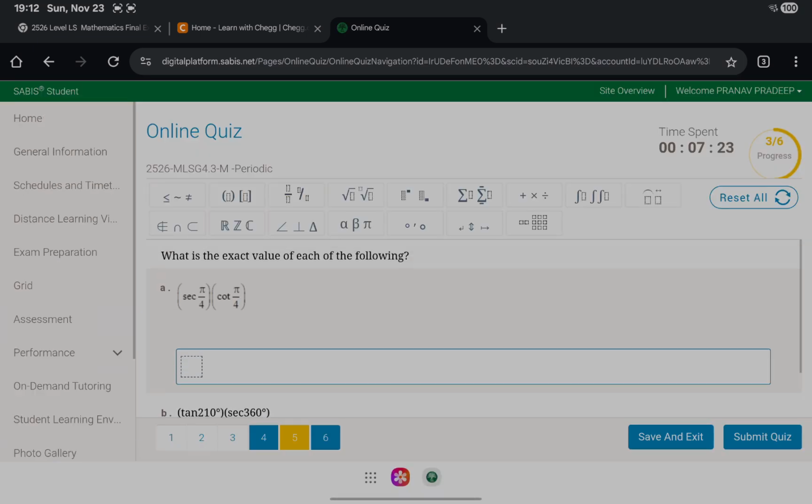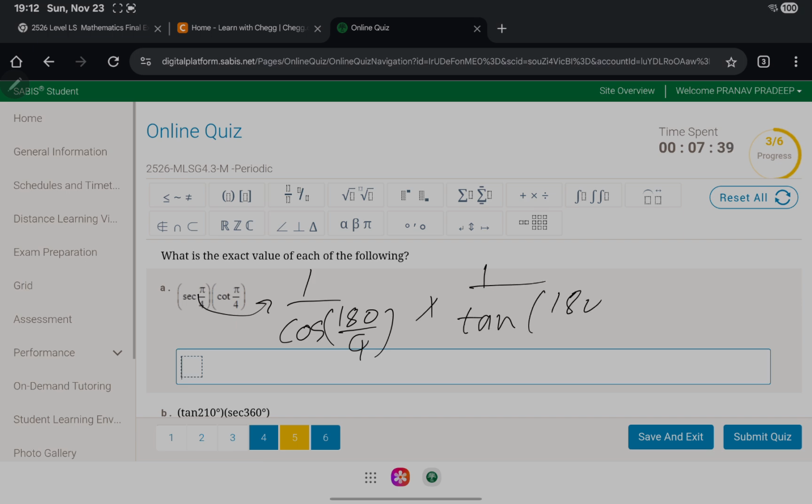Here, find the exact value. Okay, here we have to do secant. So secant's basically 1 over cos. So here it's 1 over cos 180 divided by 4 times 1 over tangent 180 over 4. So if you do that, 1 over cos in brackets 180 divided by 4, and it's radical 2.